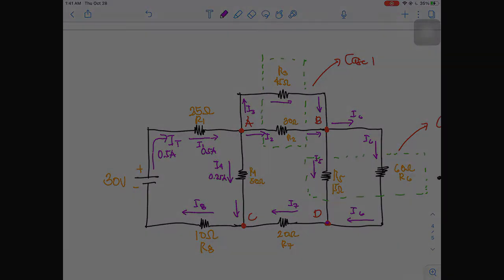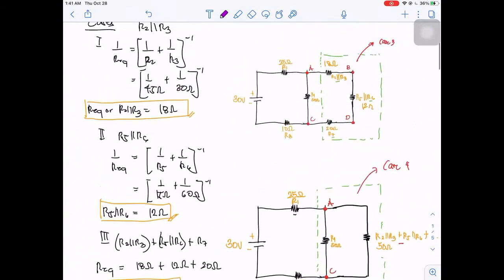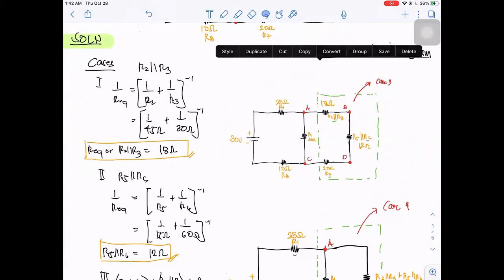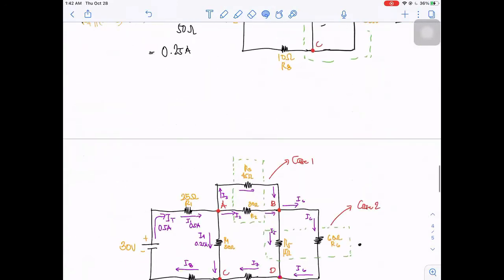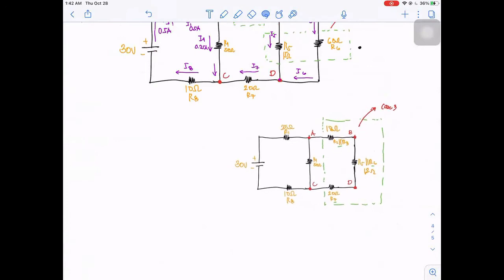Okay, so let's go back to our circuit so that we can check this one, case 3. Okay, so let's copy this one. Okay, this is now a circuit.